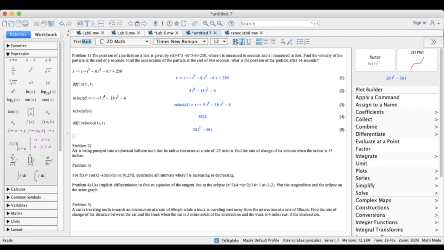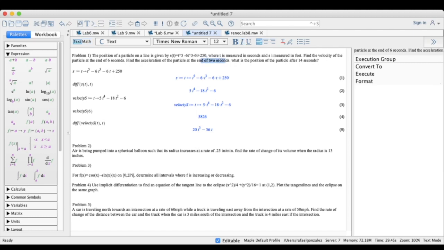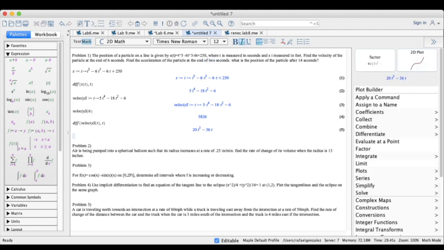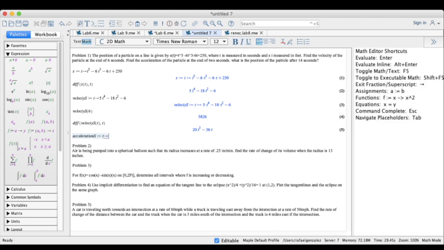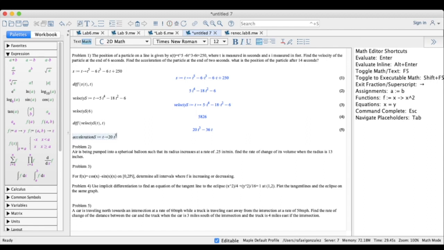Now, what will be the acceleration of the particle at the end of 2 seconds? Well, let's call this acceleration of s, and that is going to be the following function, which we have already there. It's 20t cubed minus 36t.